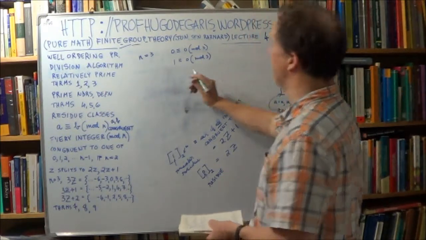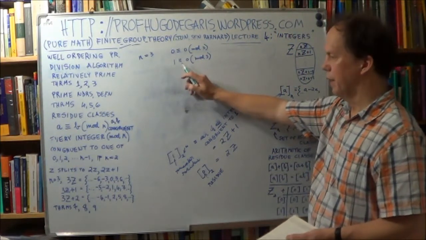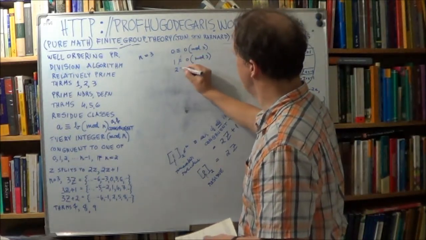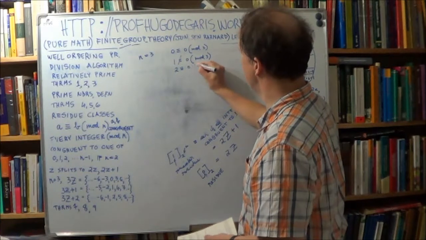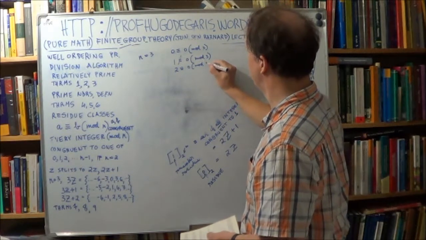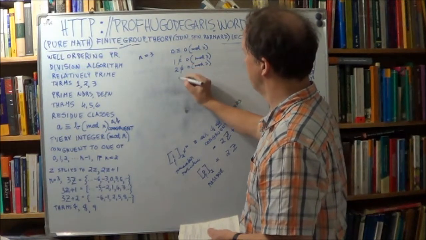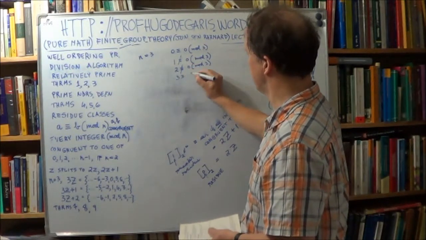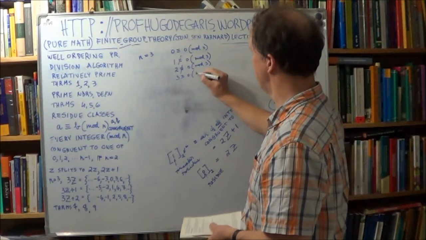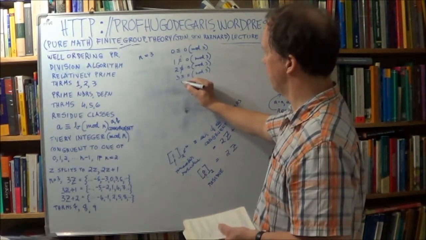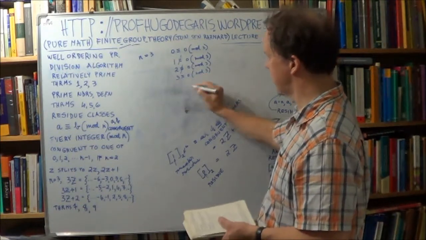Is 1 congruent to 0 mod 3? No. Is 2 congruent to 0 mod 3? No. Is 3 congruent to 0 mod 3? Yes. Okay. Now 4, 5, no, 6, yes.